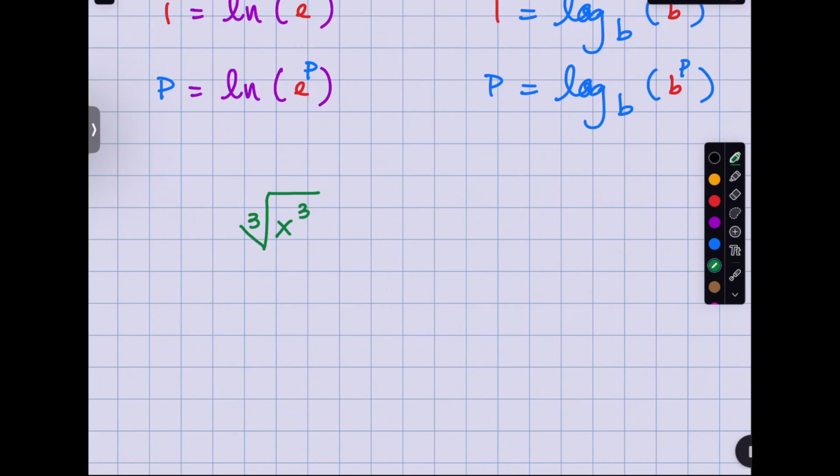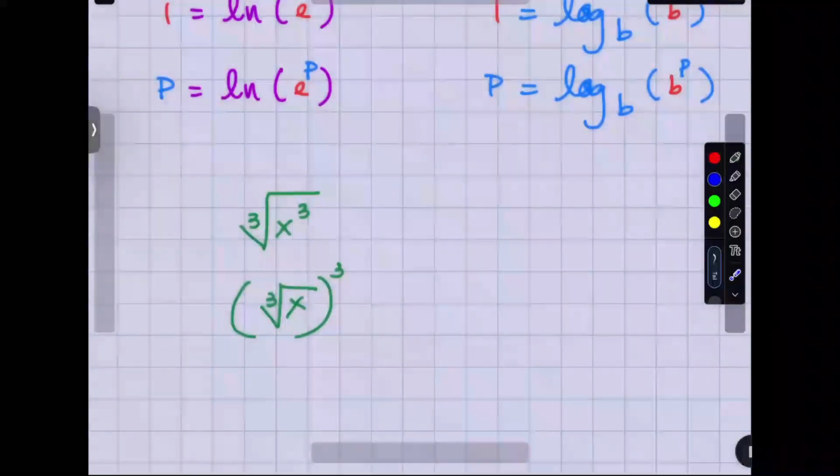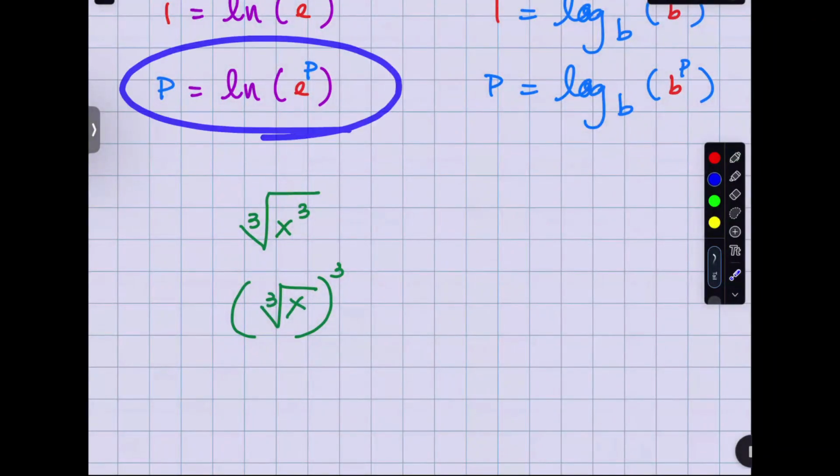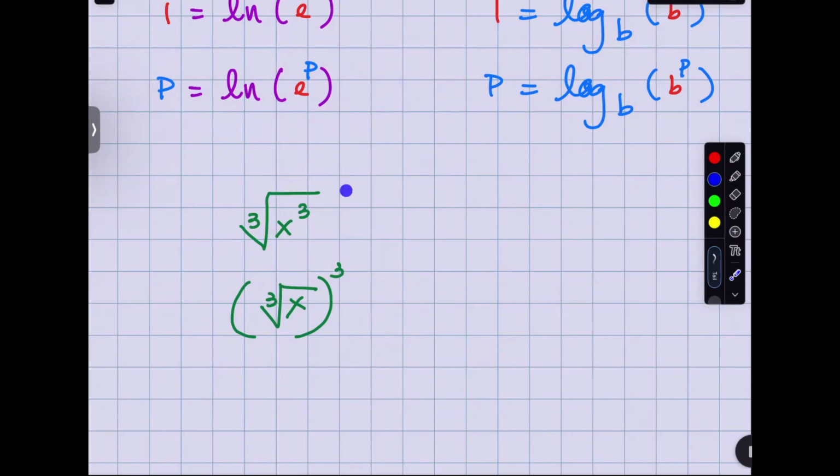It would mean this. If I took the cube root of x and cubed it, it will also equal x. Make sense? So that's what I'm trying to find. What's the other way around of this? Because I know this, so I need to find what this would be for this. Okay? All right. So here it is.